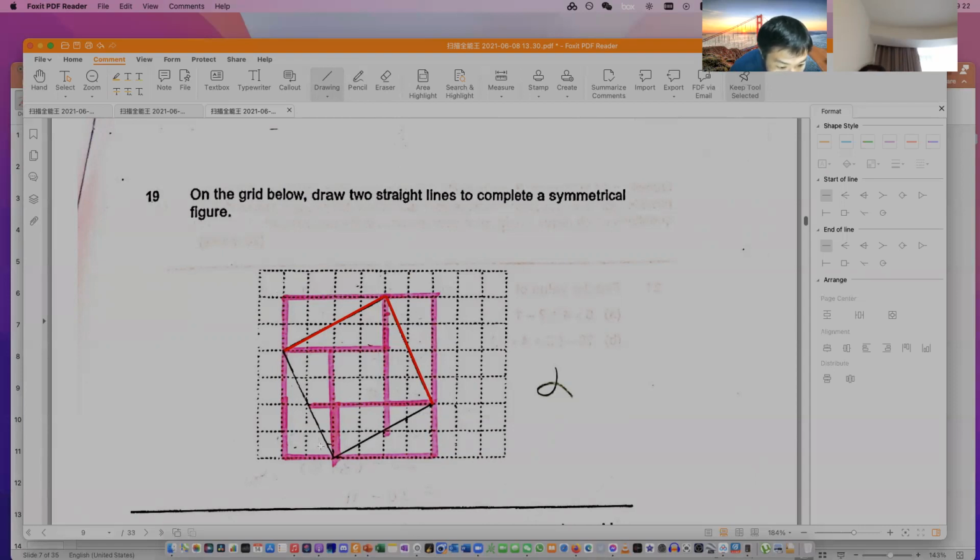I thought once you complete this and this, you will get a symmetrical figure, right? How come you're wrong? Isn't this red one a symmetrical figure?